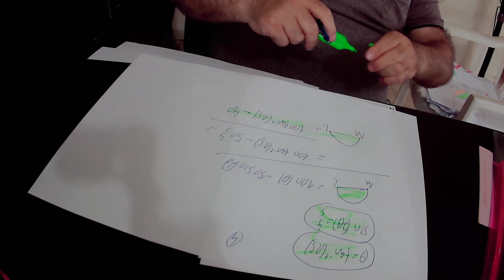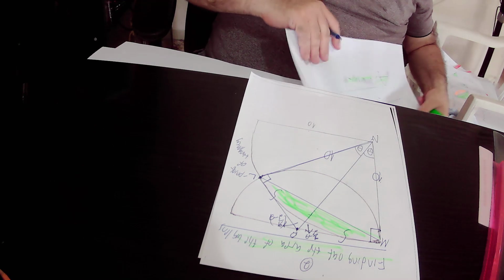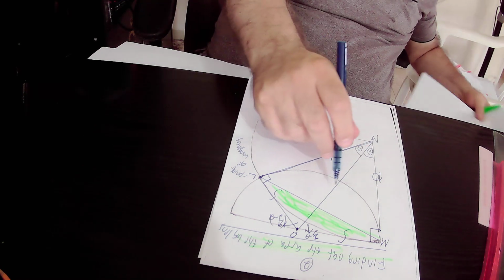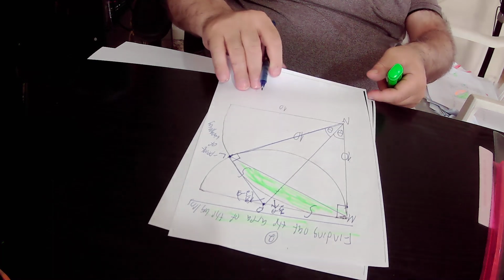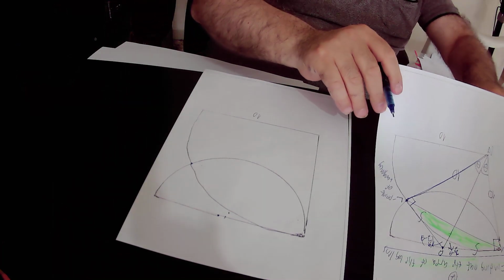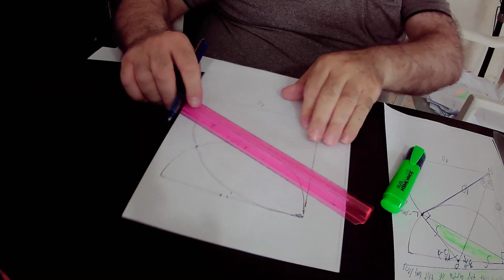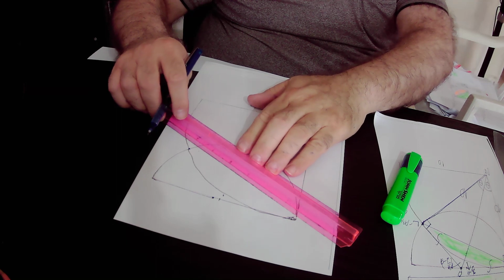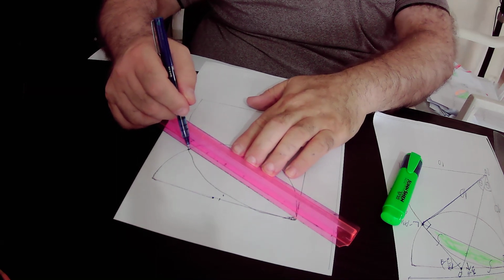In the next step, we find out the area of the lower circular segment of the big lens, the area of this circular segment, the lower circular segment. So here I will draw again the big lens.